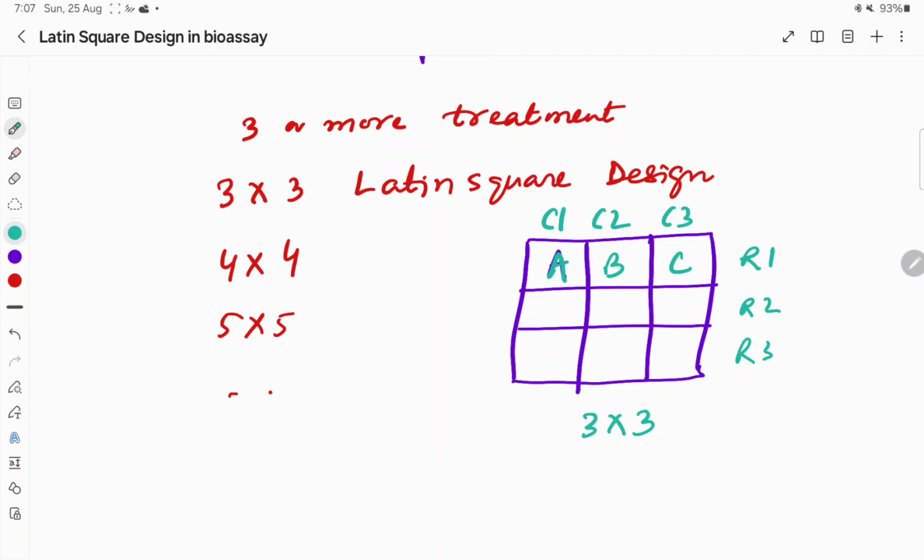So next we can start from B: B, C, A. Then we can start from C: C, A, B. So you can see ABC, BCA, CAB. So this is the 3 into 3 design.